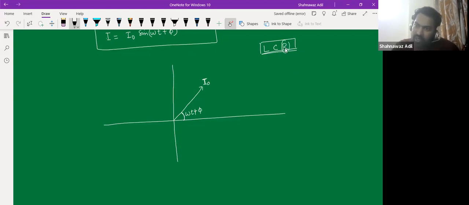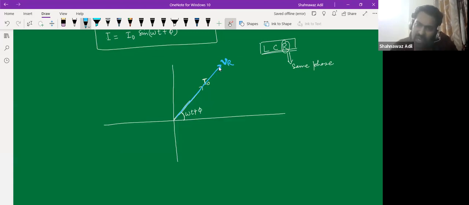So resistance is the same thing. VR would be there. Let me write it as VR. And I'm writing this as the peak voltage. VR is the peak voltage in the resistive circuit, right?